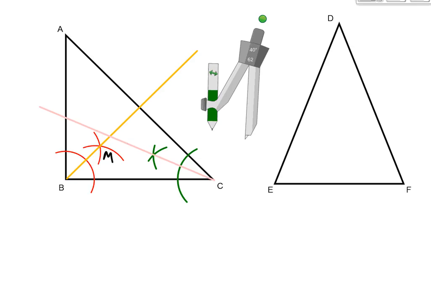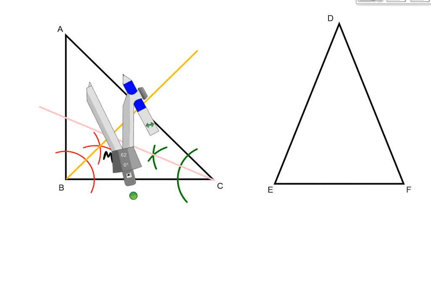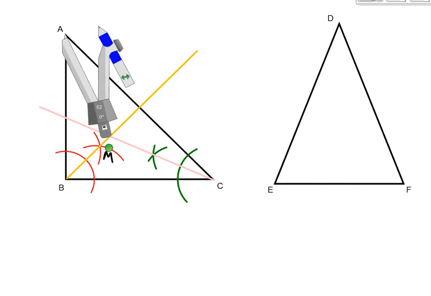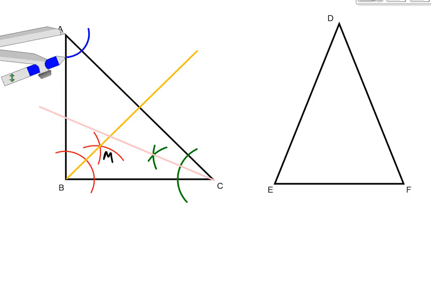And then you're going to do the same thing at angle A. And I'll just use a different color. I have to bring this around so that I might just make that opening a little smaller there. And then I'm going to make that arc. And then from one of those, I'm going to make an arc out into the middle.